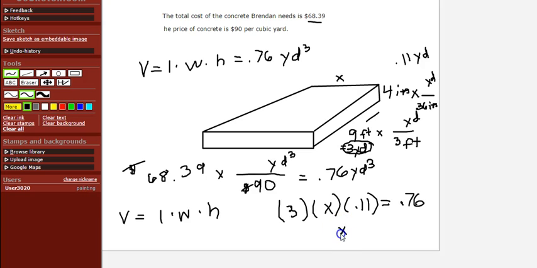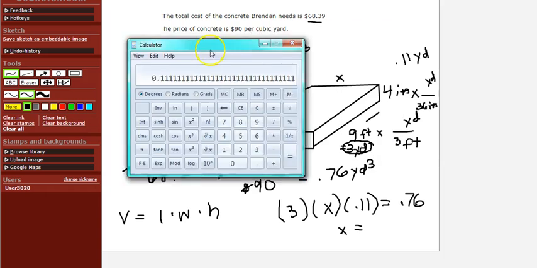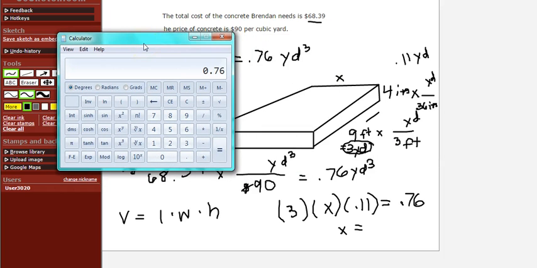Okay, so x is equal to, let's go see how wide it is in yards. 0.76 divided by 3 divided by 0.11 is 2.3.